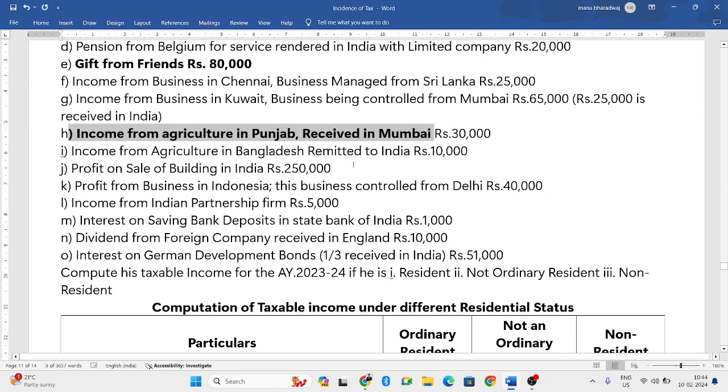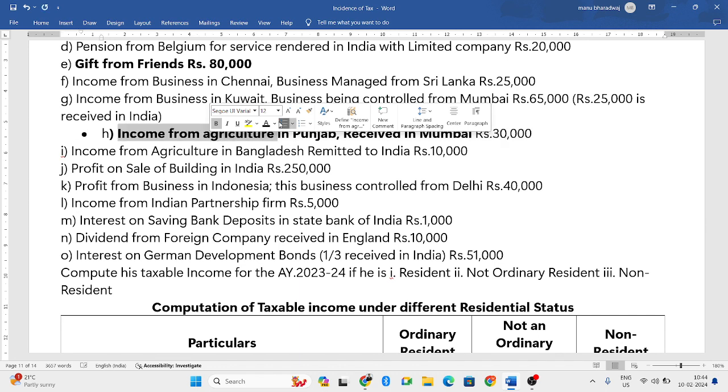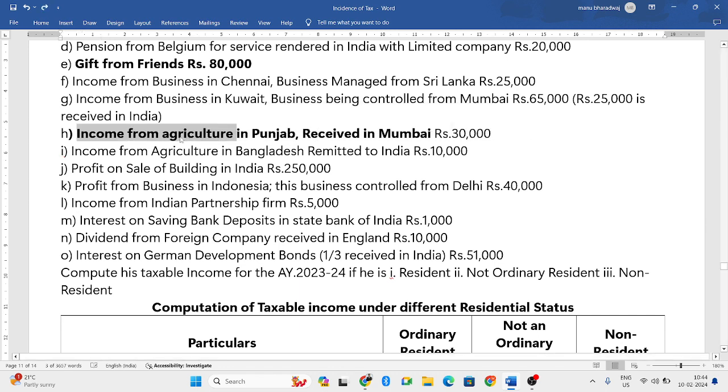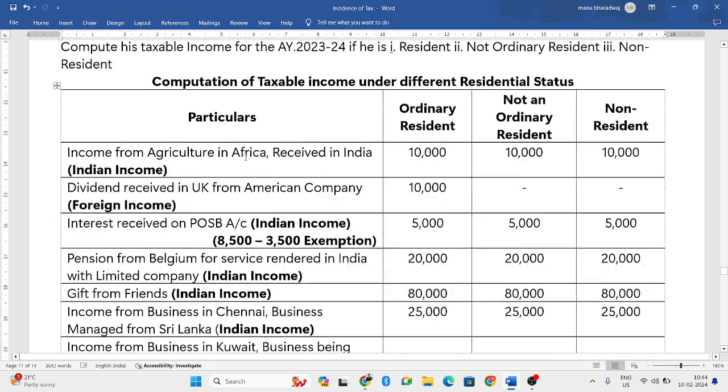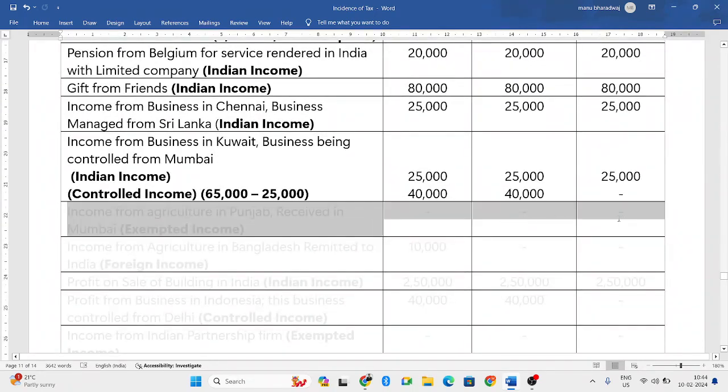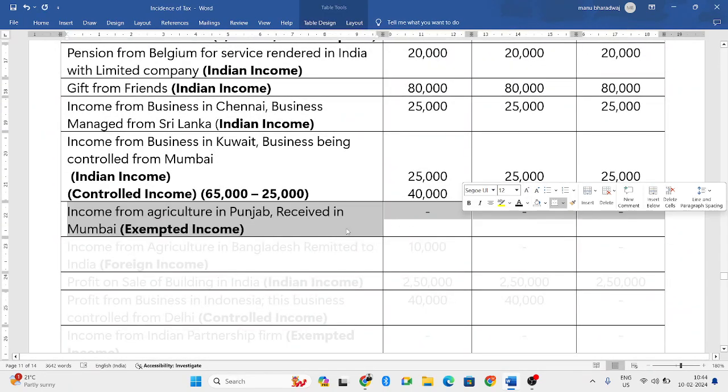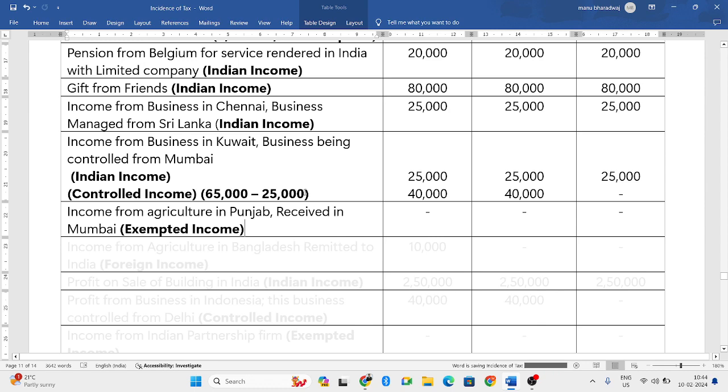Whatever income you get from agriculture in India, it is completely exempted. So whatever income you earn in India from agriculture, it is completely exempted. So it is exempted. Clear?